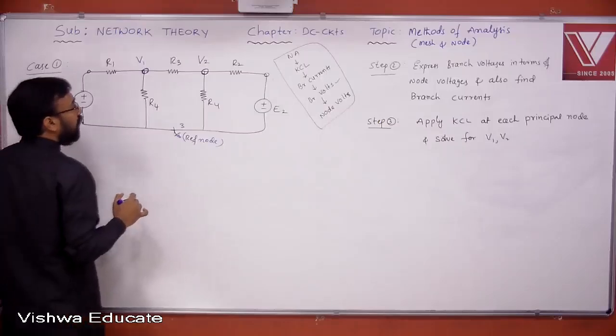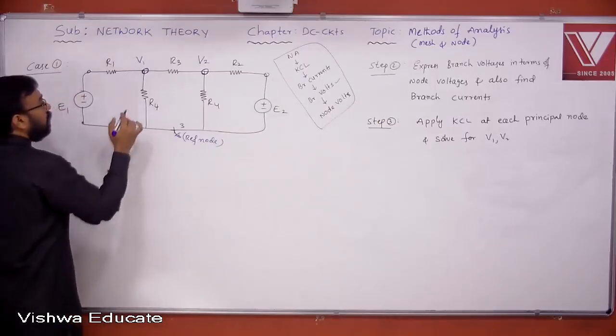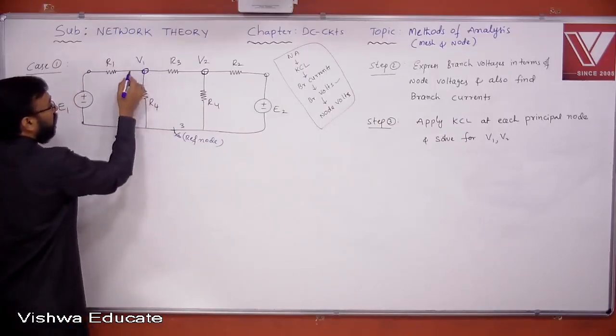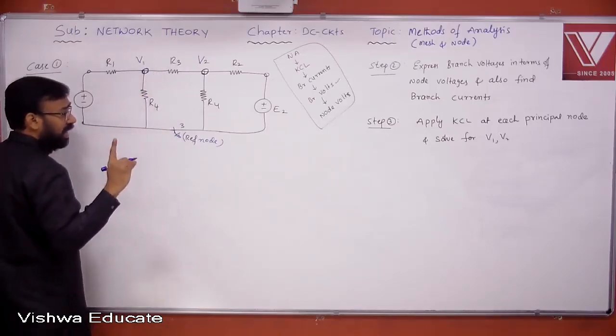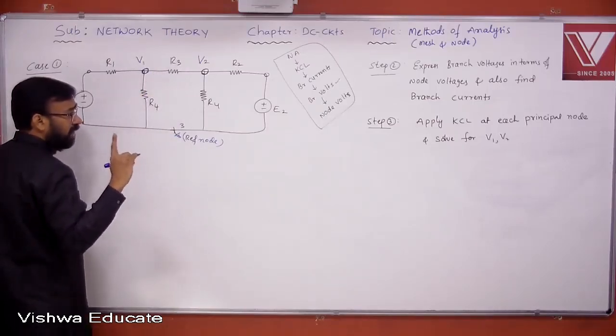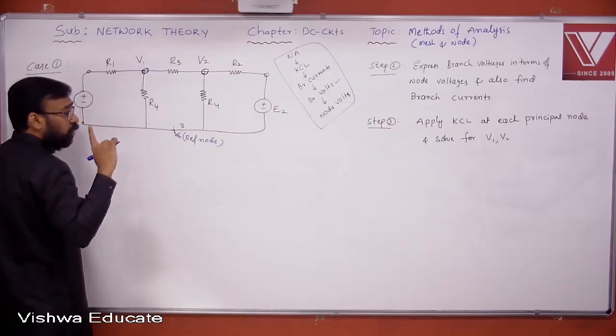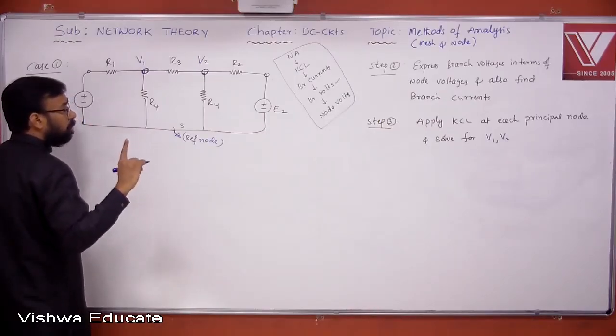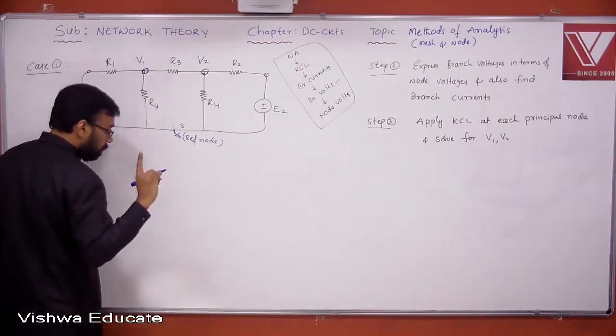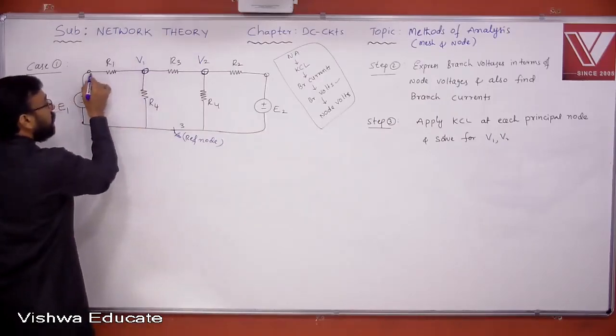Now, we would like to find the current through each and every element. Yes or no? To find the current in any path, I told you very frequently, first you identify whether that path is having a resistor or not. For example, this one we'll see.